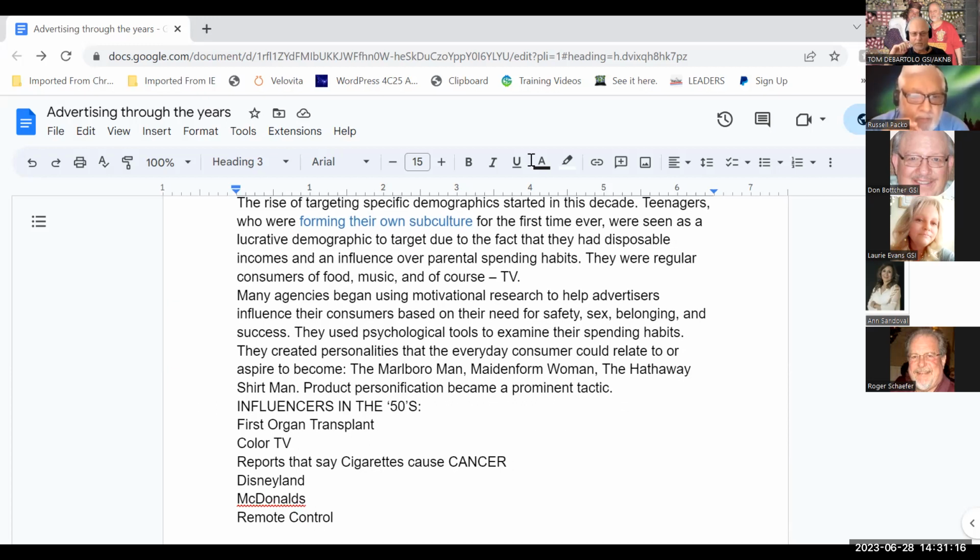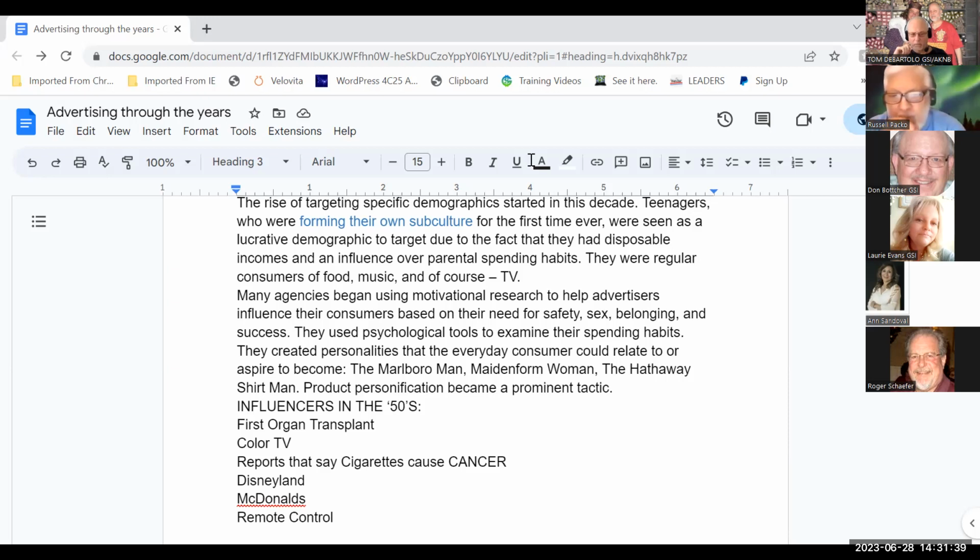Many agencies began using motivational research to help advertisers influence their consumer base on their need for safety, sex, belongings, and success. They used psychological ads to examine their spending habits. They created personalities that the everyday consumer could relate to or aspire to become.